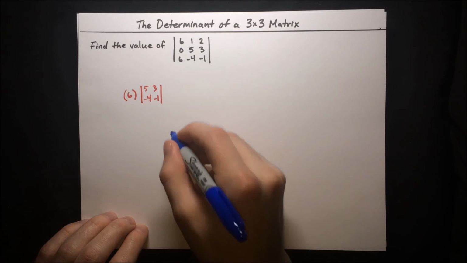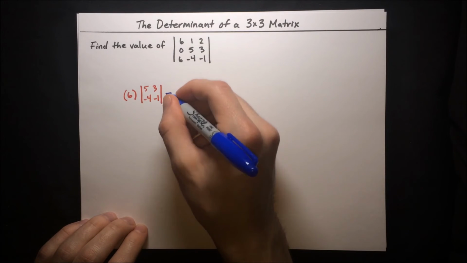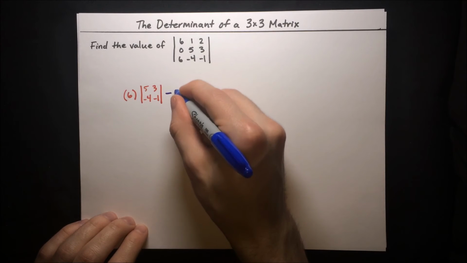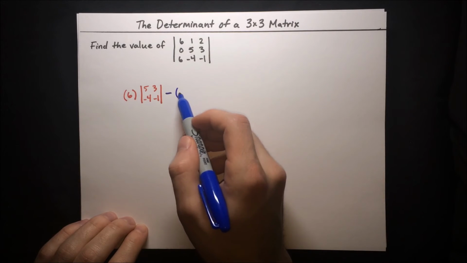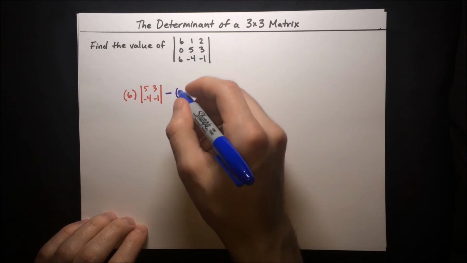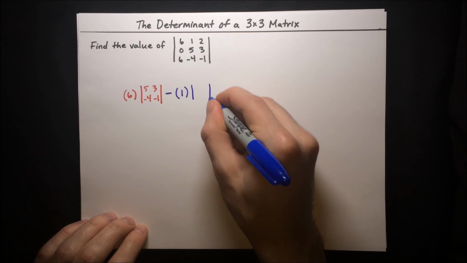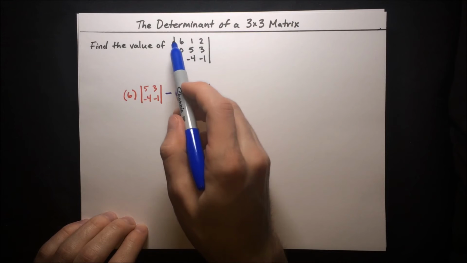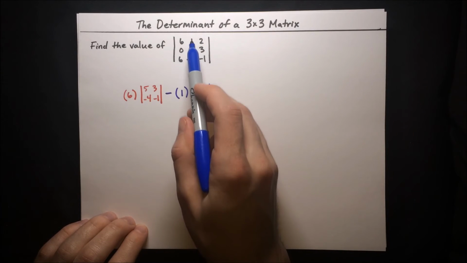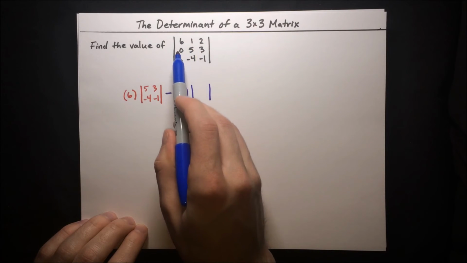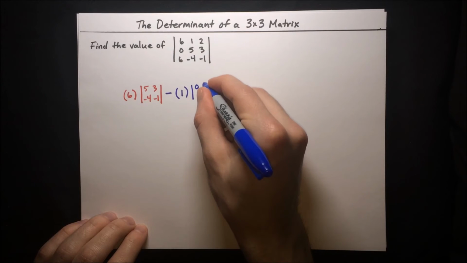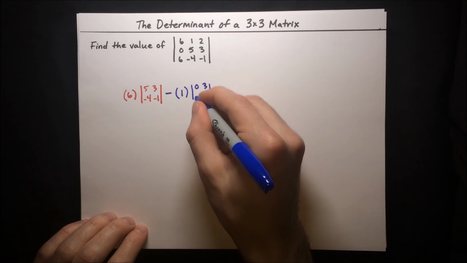Now in our second term, remember there's a minus here. So minus, then we put in the A12, first row, second column, is just 1. And then the minor there is obtained by removing that first row and the second column, which has the 1. And we've just got 0, 3, 6, -1.